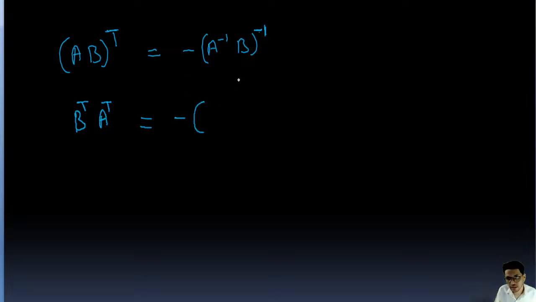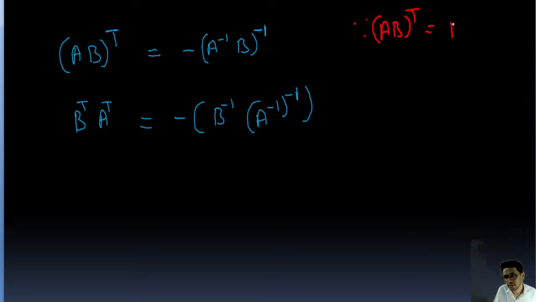And inverse of A inverse B is going to be minus B inverse A inverse whole inverse. This one, because we know the property: transpose of AB is B transpose A transpose, and also inverse of AB is B inverse A inverse.